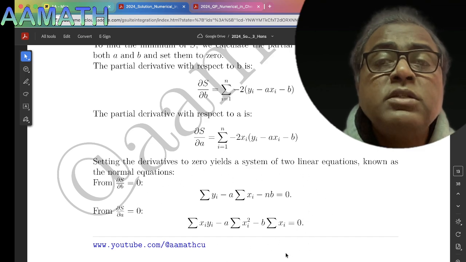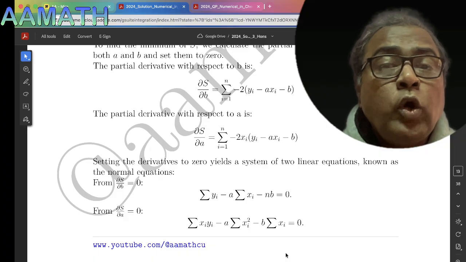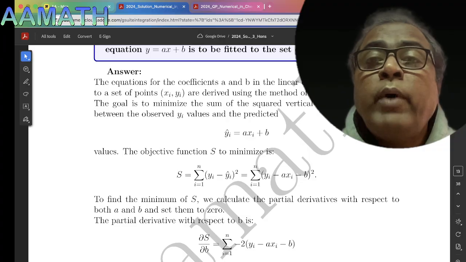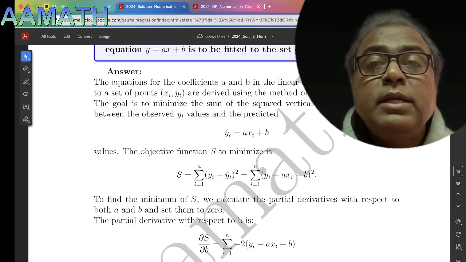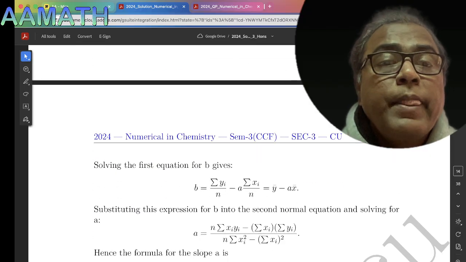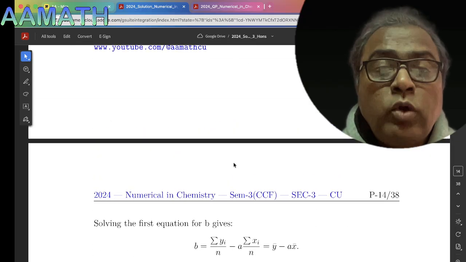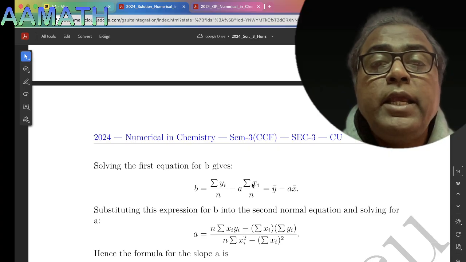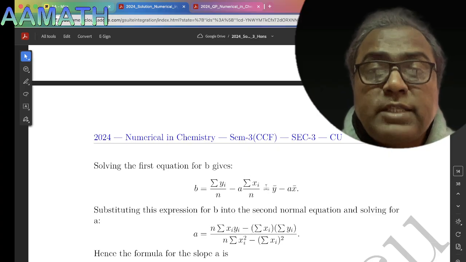These two equations are known as the normal equations for fitting the straight line y equal to ax plus b. Solving these two normal equations, we get b equal to summation yi by n minus a into summation xi by n.